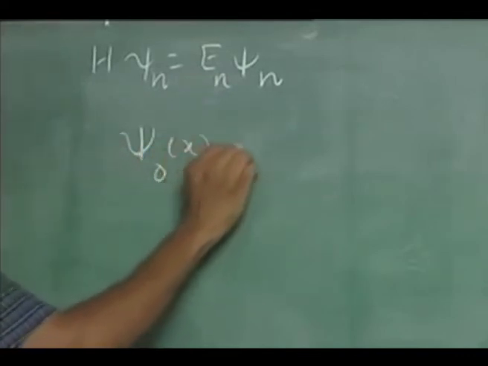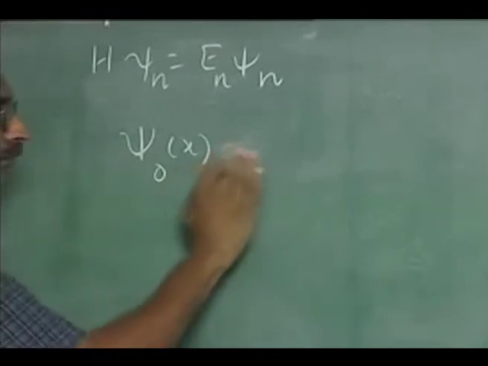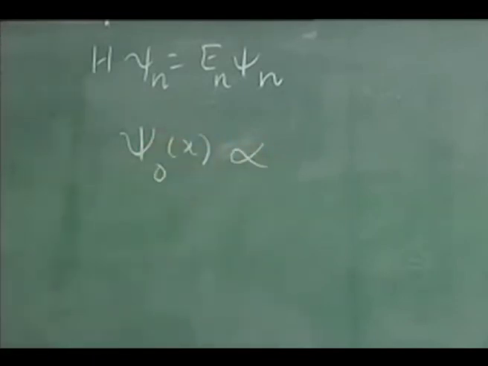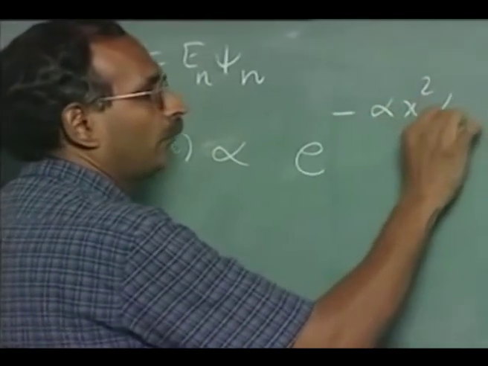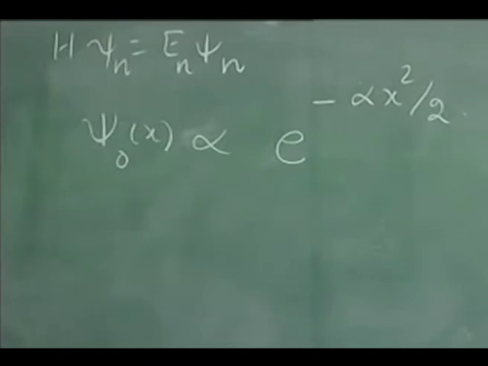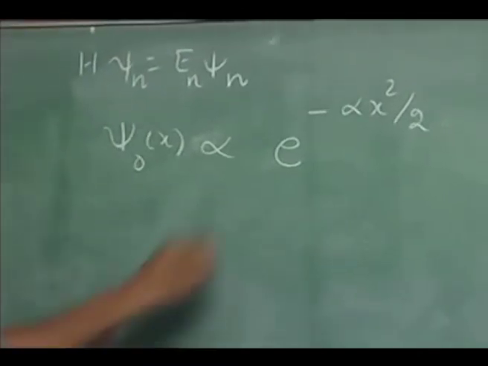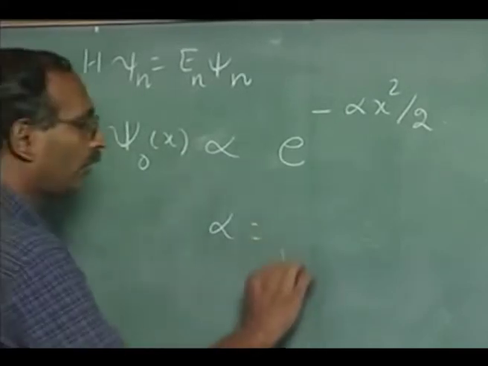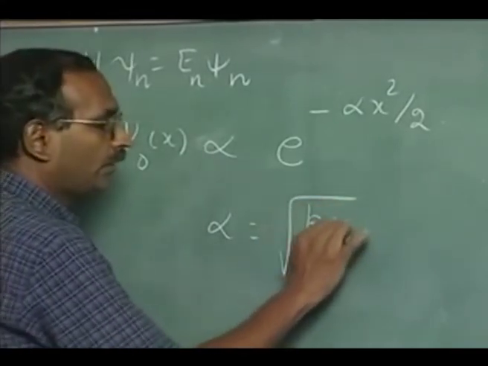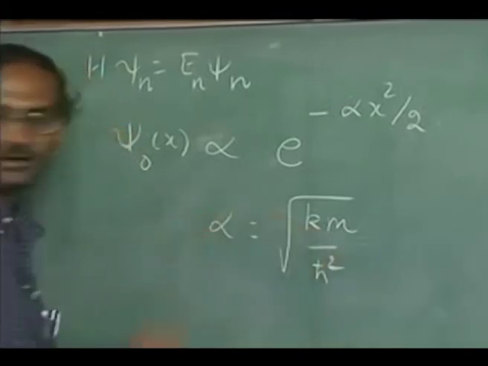The solution for psi naught of x turns out to be, up to a constant, a proportionality, e to the minus alpha x square by 2. What is the value of alpha? Alpha is given in terms of the constants we already know, namely k m by h bar square.